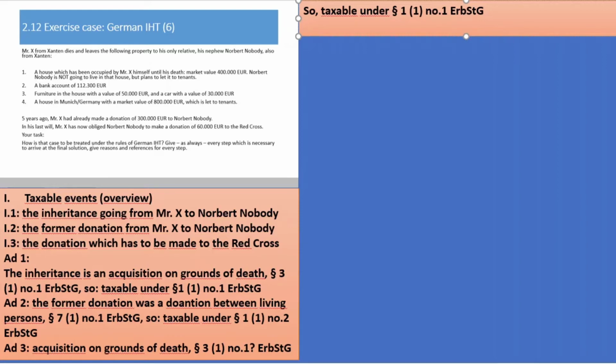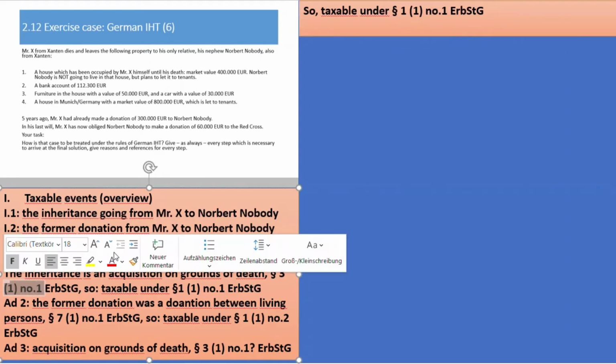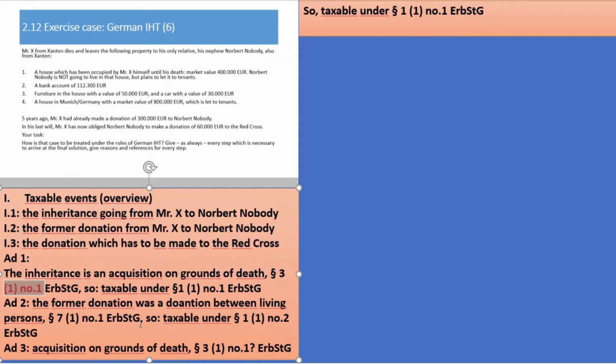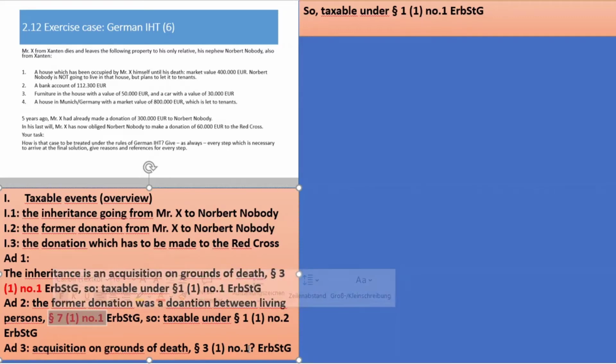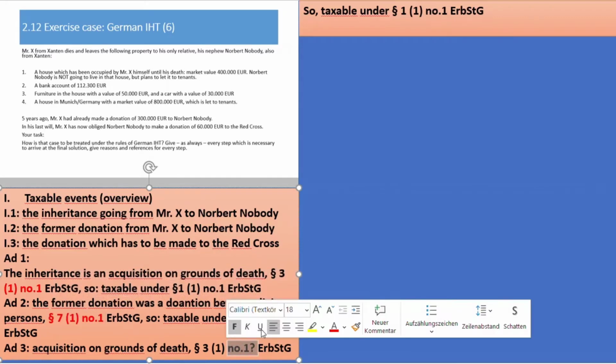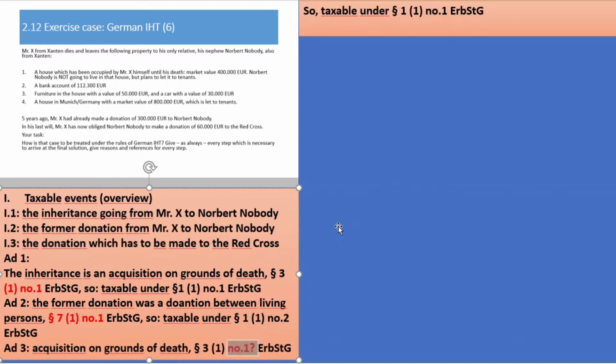So the next thing we definitely have to do is to find out if this here, this here, and this here are really the correct references for the statements and allegations which we made. So we now have to have a look into the tax acts again to check if we are right.